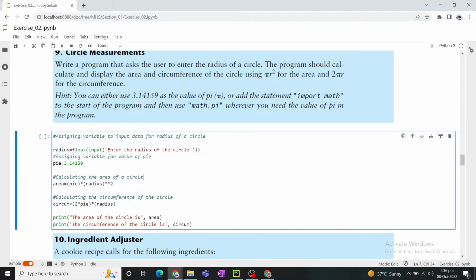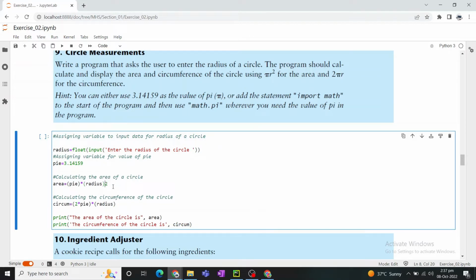We are just assigning the pi value, where you can see 3.14159, and we will enter the radius of the circle over here, and it will give the area by multiplying the pi value that we have assigned and the radius that we have given as input, and it will do the power raised to the power. So the double asterisk means raised to power.